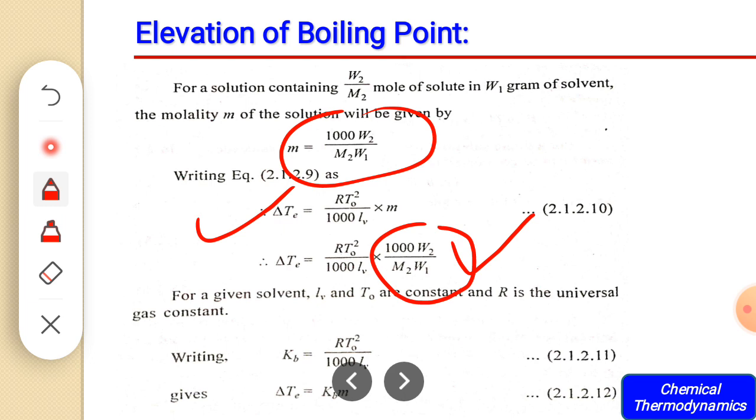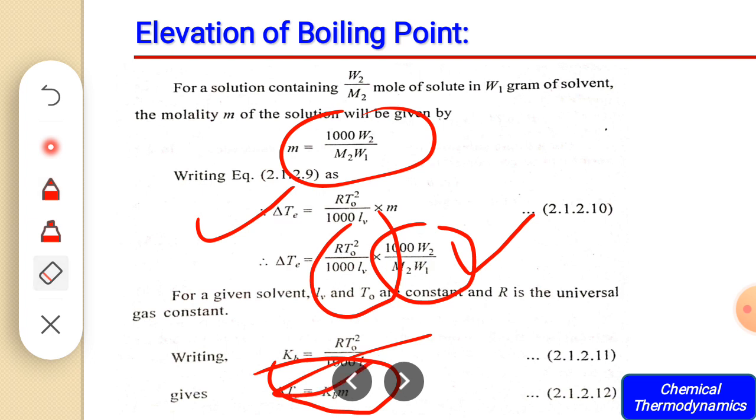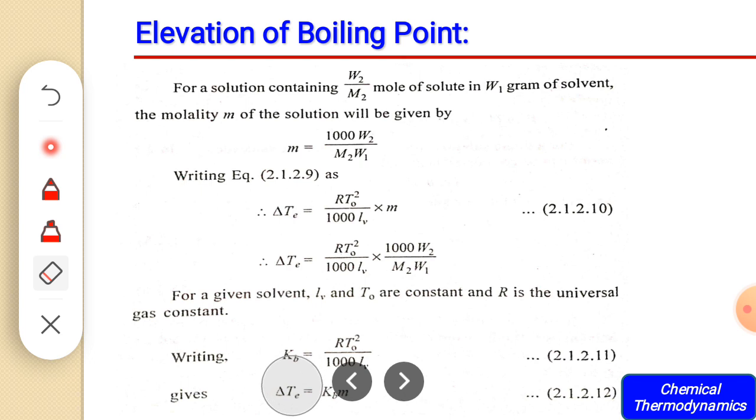So all these terms, RT0 square divided by 1000 into Lv, are constant, and instead of this constant we take a new constant Kb, and we get the equation delta Tb is equal to Kb into small m.